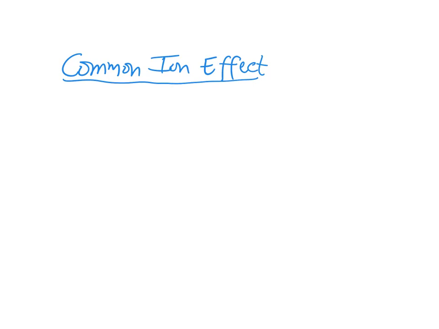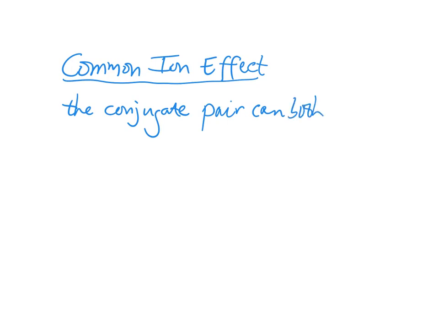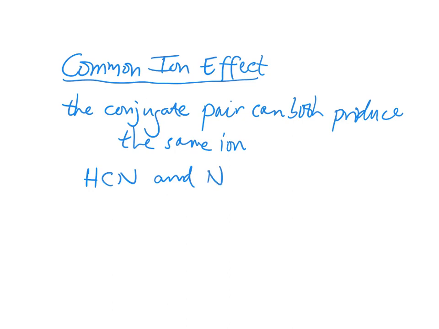But essentially the idea is that the conjugate pair both have a source of the same ion, so that ion is common to both of them. For instance, if I have HCN and NaCN, they can both produce CN minus.